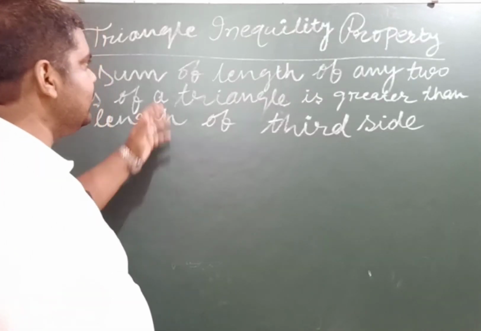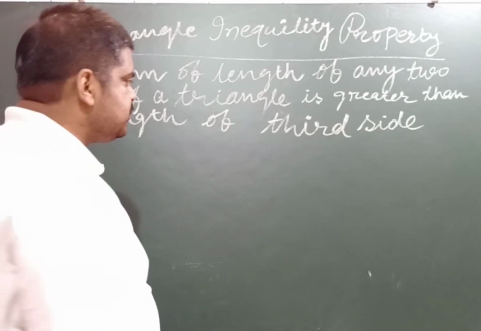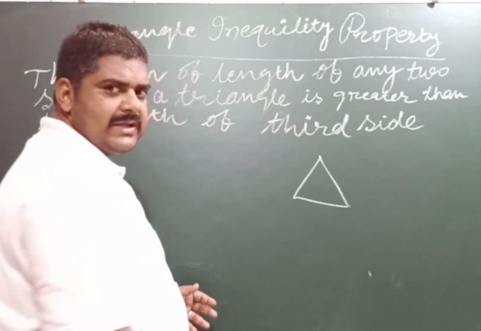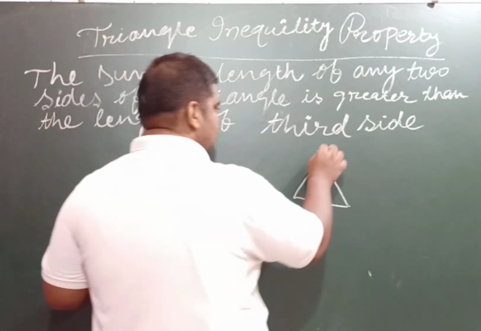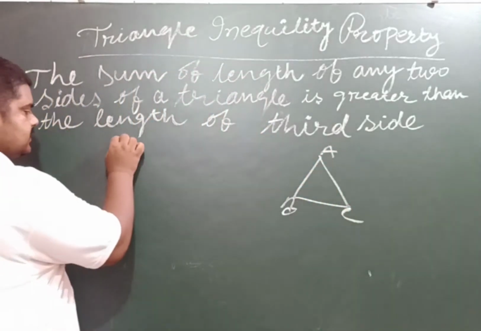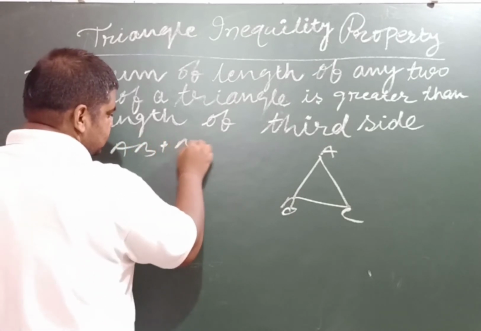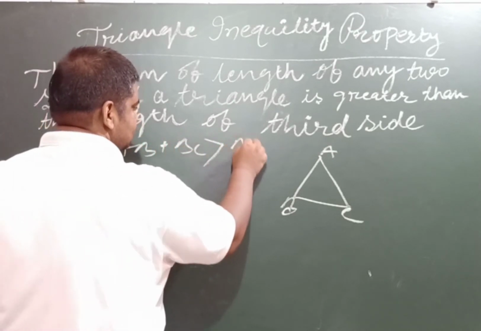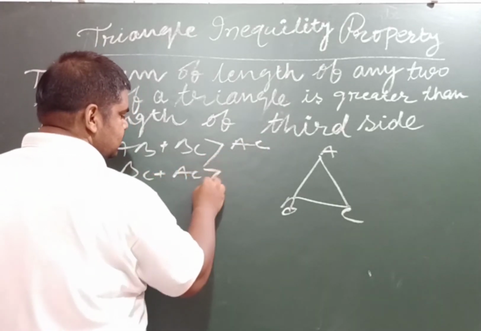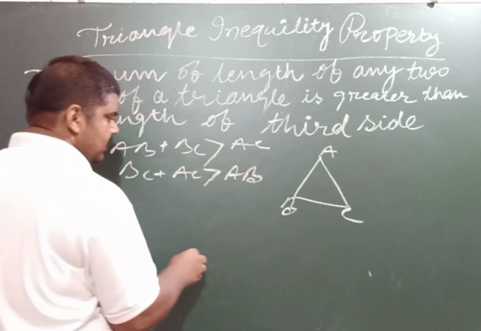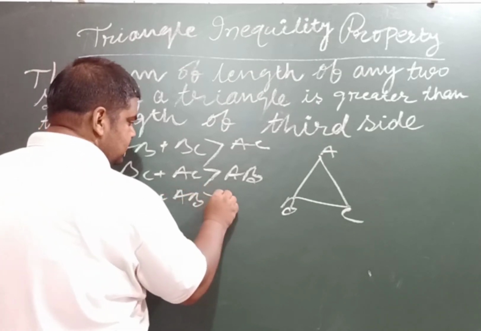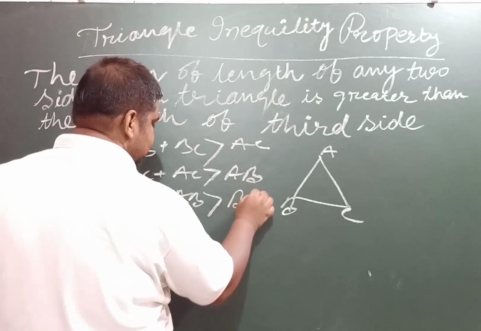My dear student, regarding the triangle inequality property, it is said that in any triangle the sum of any two sides is greater than the third side. And what is its meaning? Its meaning is AB plus BC is greater than the third side AC, or BC plus AC is greater than the third side AB, or AC plus AB is greater than the third side BC.